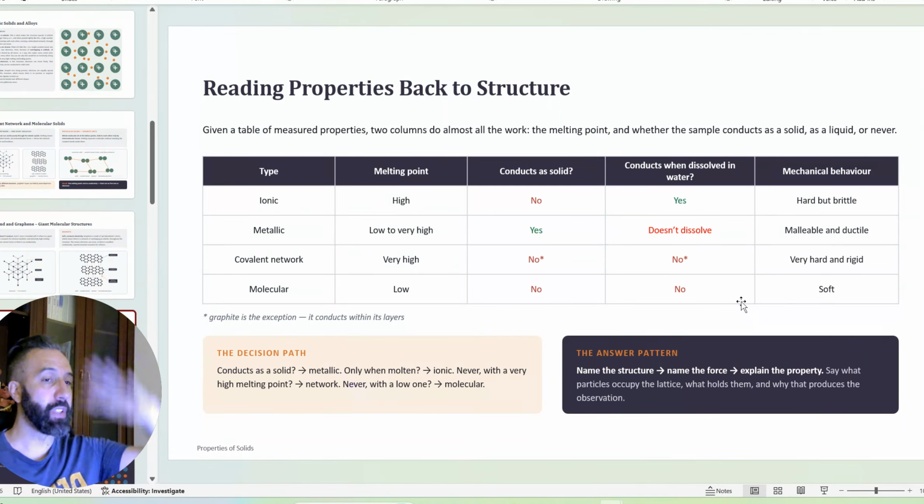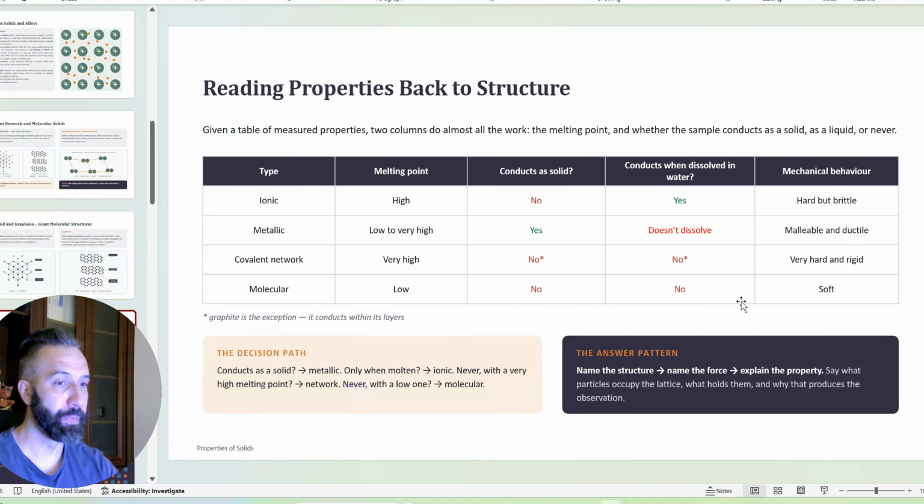And here you've got an overview of all the properties as they are often given in the AP questions. Please bear in mind it says here covalent networks do not conduct as a solid, but you have the graphite exception, right? And also pay attention to this. I put this here for a reason. It says melting point for ionic is high, but melting point for metallic is low to very high.